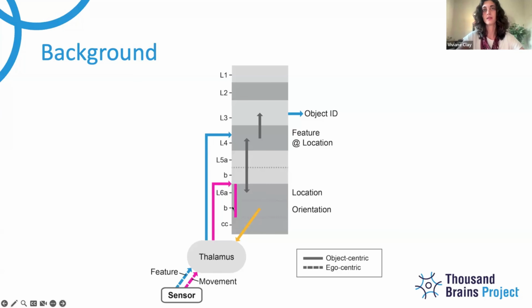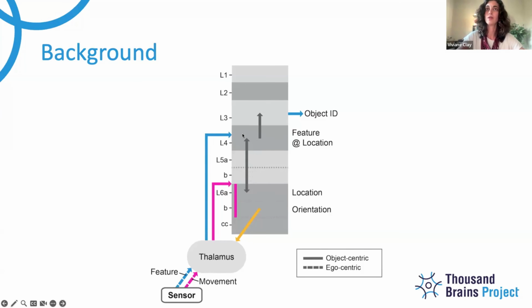And the theory suggests that layer 4 represents features, and then in layer 6 we are keeping track of location and orientation. And there are strong associative connections between layer 4 and layer 6.